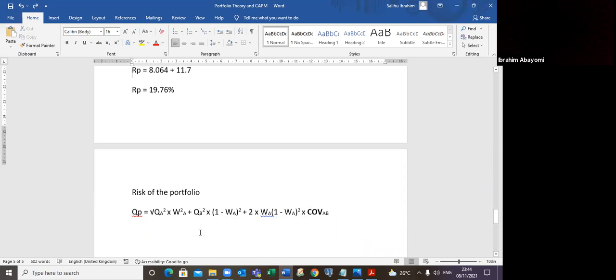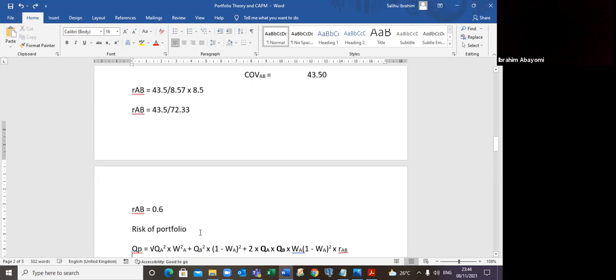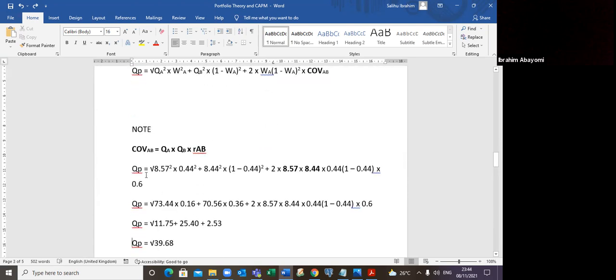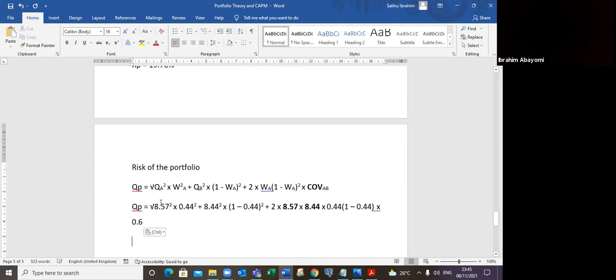Let me start from the beginning. So instead of having 0.44 now, I will have 0.48.